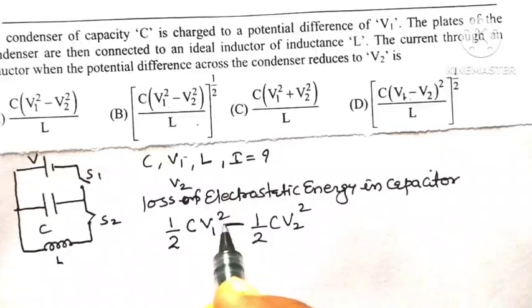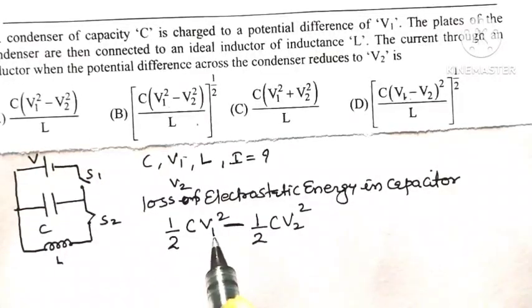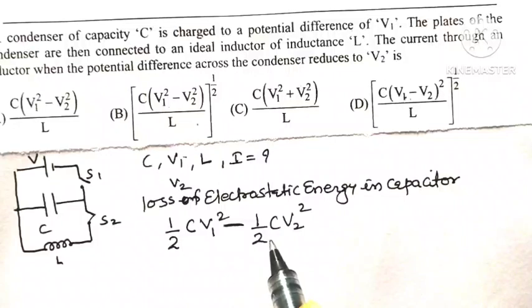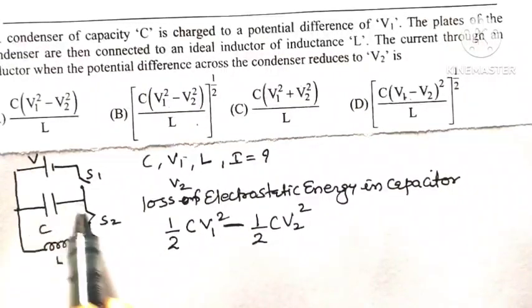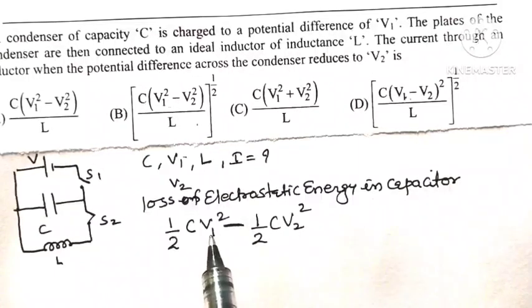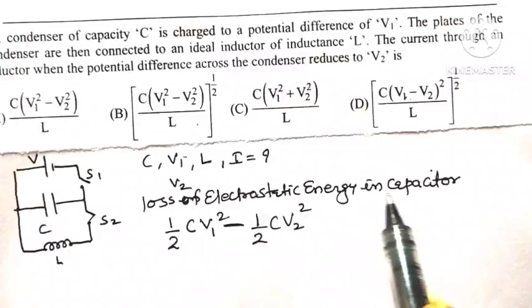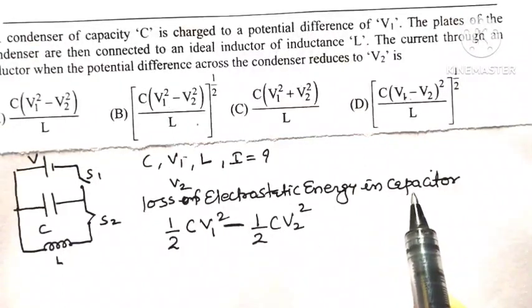It is the initial energy stored in the condenser, half C V1 square, minus the energy that remains in the condenser when the potential difference across it reduces from V1 to V2, so half C into V2 square. This is the loss of electrostatic energy in the capacitor.